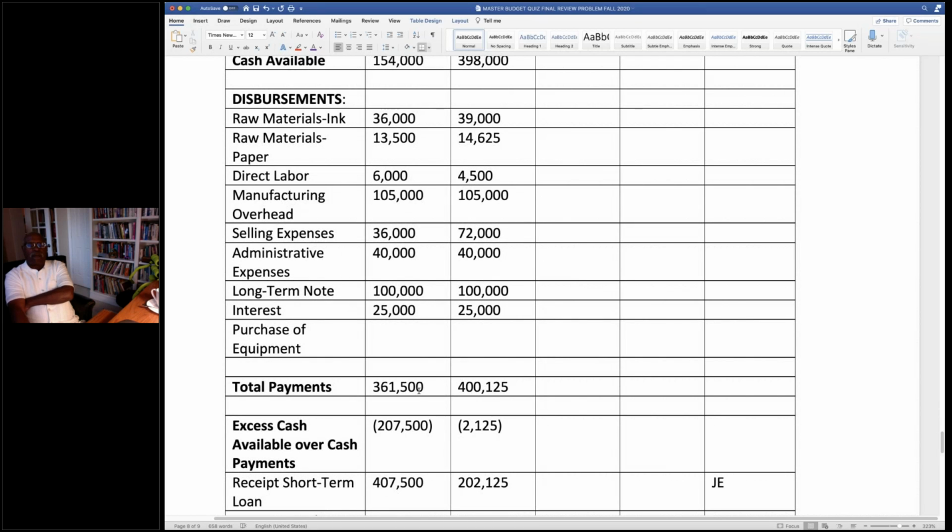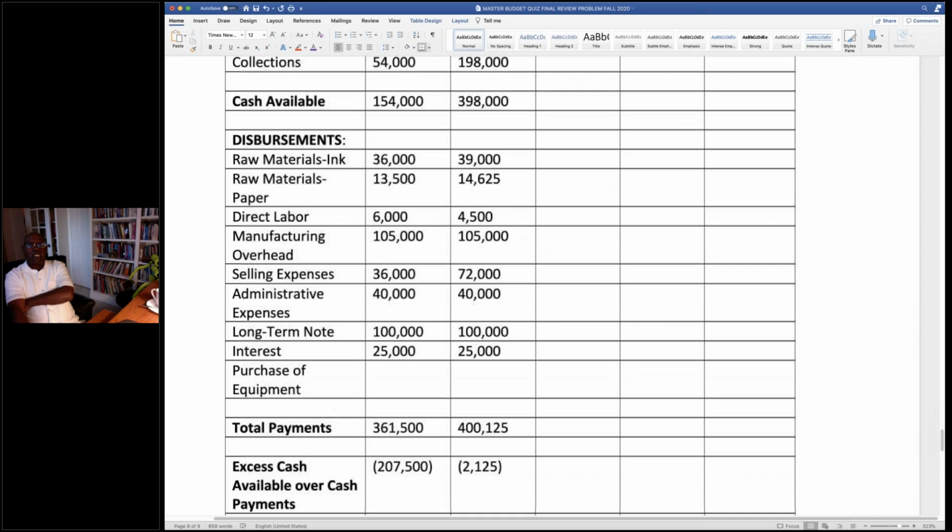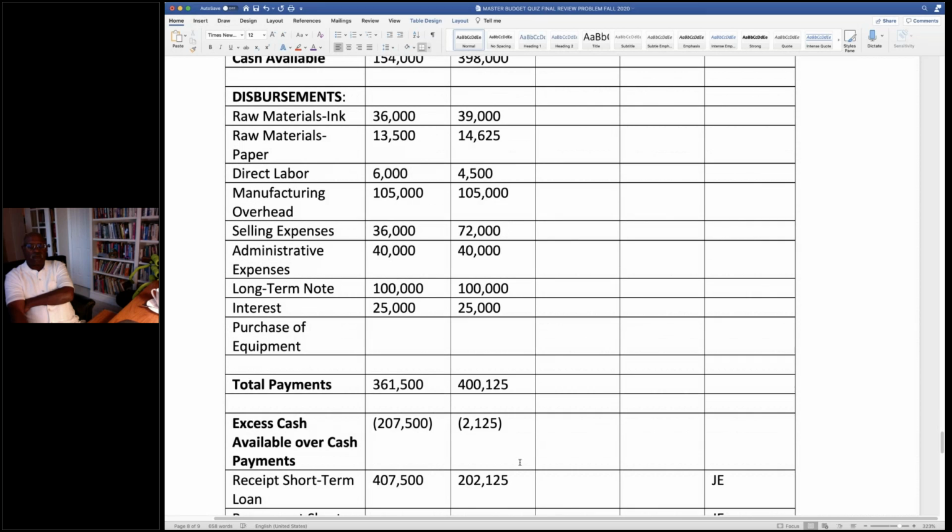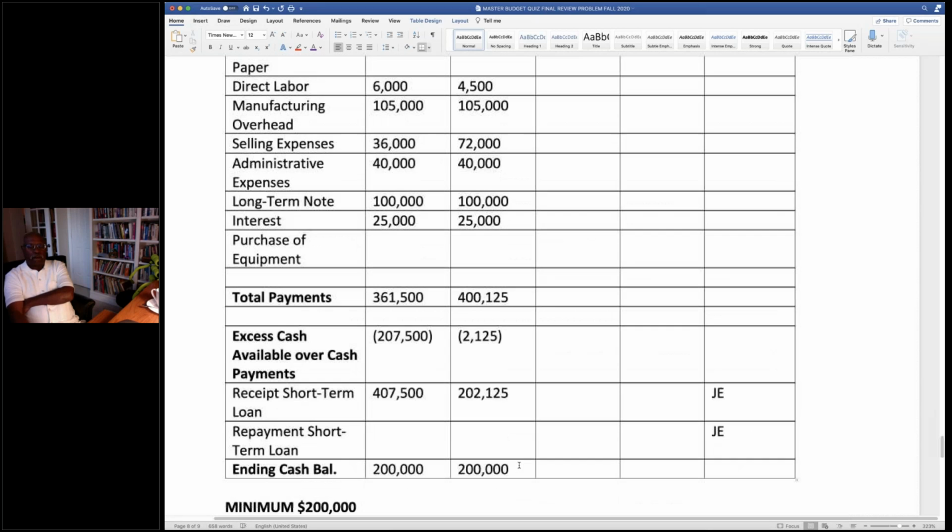And since our payments are exceeding what's available, it's in parentheses, a negative connotation. We're in red. And since we got to keep 200,000, we got to borrow.